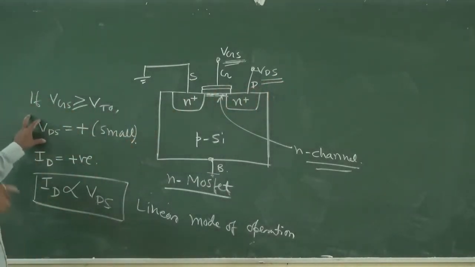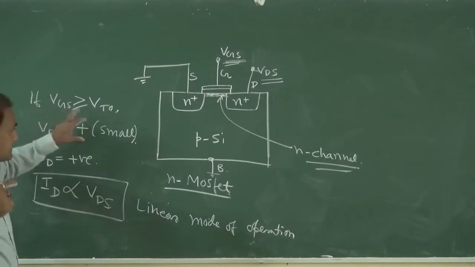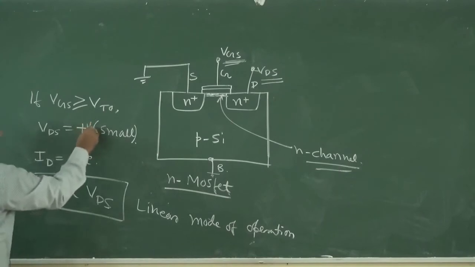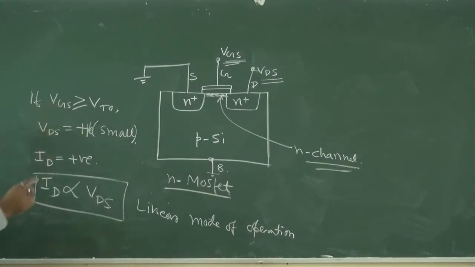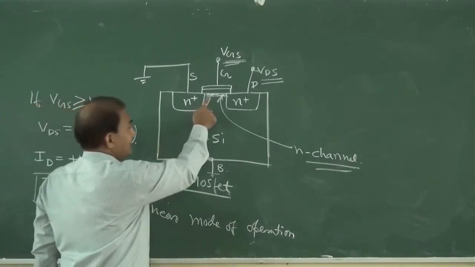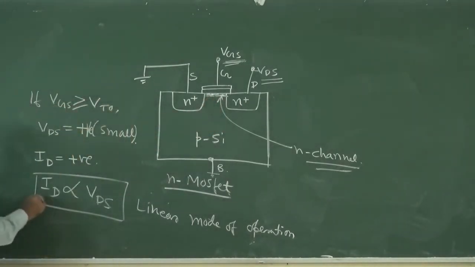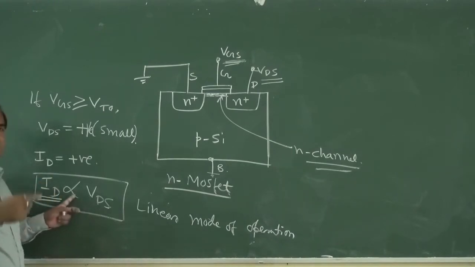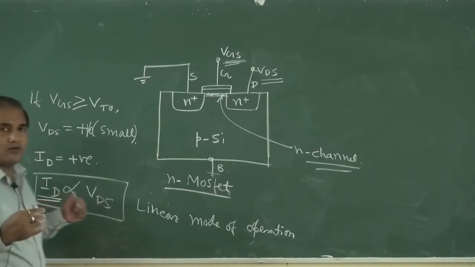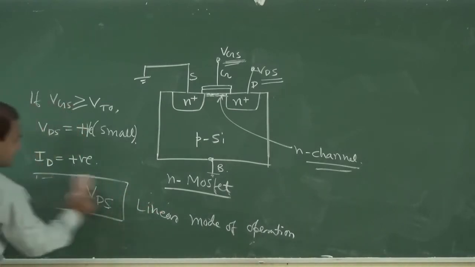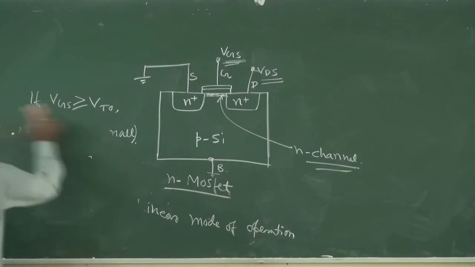So if VDS is small but positive, there will be a drain current flow between the source and the drain terminal, and the drain current is proportional to VDS, and this operation is also known as linear mode of operation. Okay, then we will see the third case.